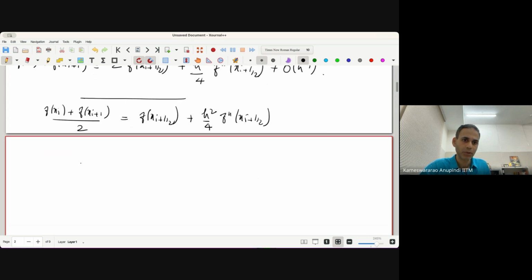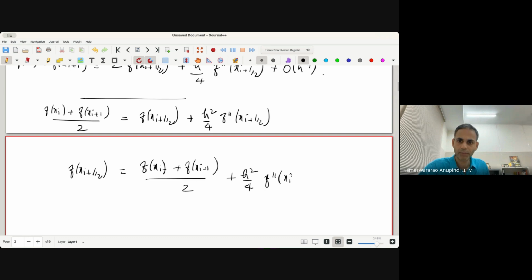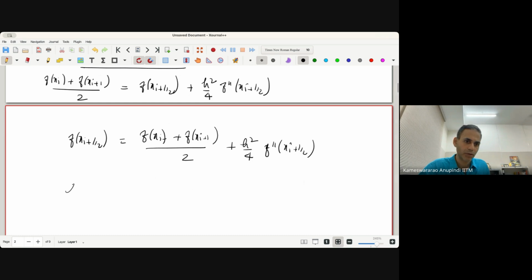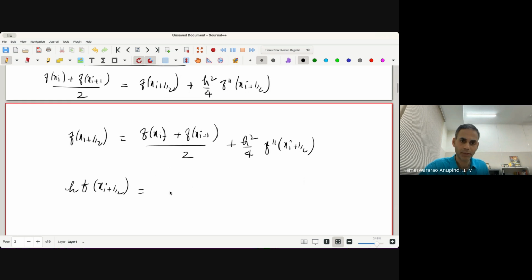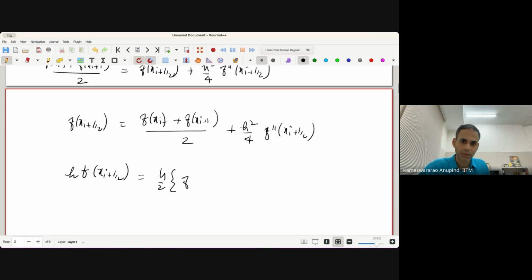That means if I were to write f of xi plus half equals f of xi plus f of xi plus 1 divided by 2 plus h square by 4 f double prime xi plus half. If I were to multiply this with h, it's going to be h times f of xi plus half equals h by 2 times f of xi plus f of xi plus 1 plus h cube by 4 f double prime xi plus half.